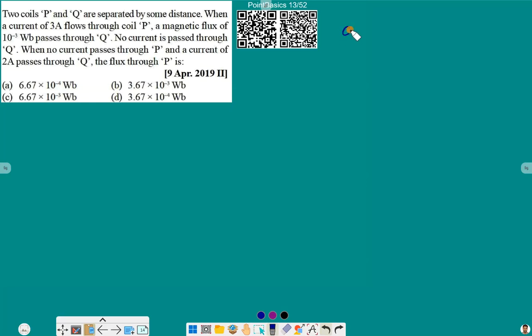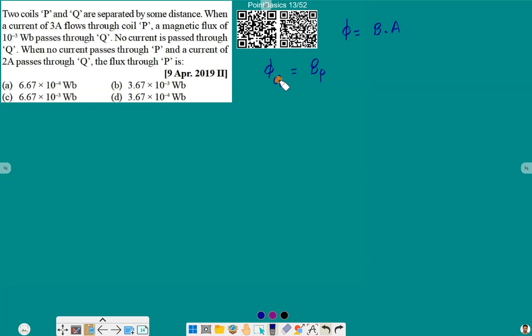As we know, the flux linked to any coil is given by the magnetic field passing through the coil into its area. Now, initially we have been given the magnetic flux that passes through Q. So the magnetic flux linked with coil Q will be equal to the magnetic field produced by coil P, because both of the coils are linked, and at a time current is flowing through only one of the coils.